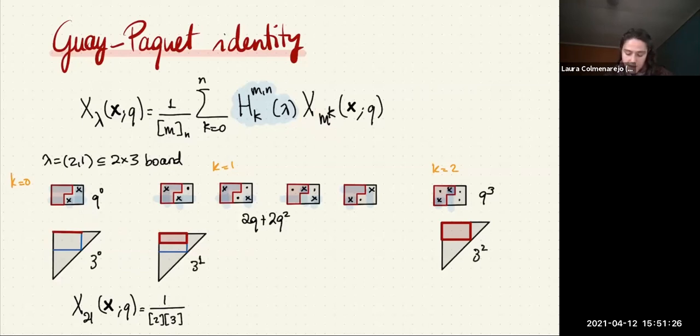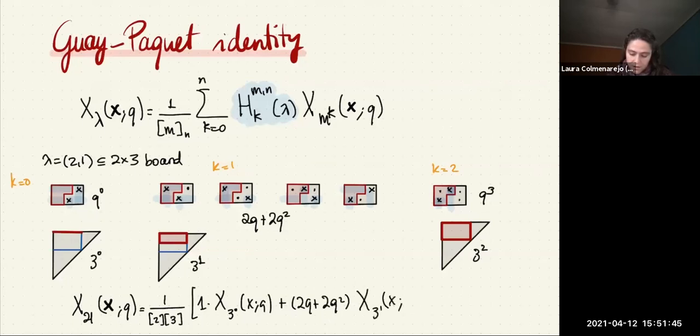So what this is saying is that I'm getting the factor from here, but then I'm going to have 1 times x_3 to the 0 of xq plus 2q plus 2q squared x_3 to the 1 xq plus q cubed x_3 to the 2 xq.